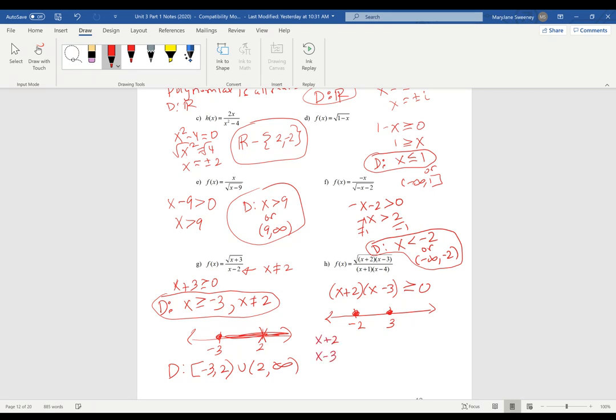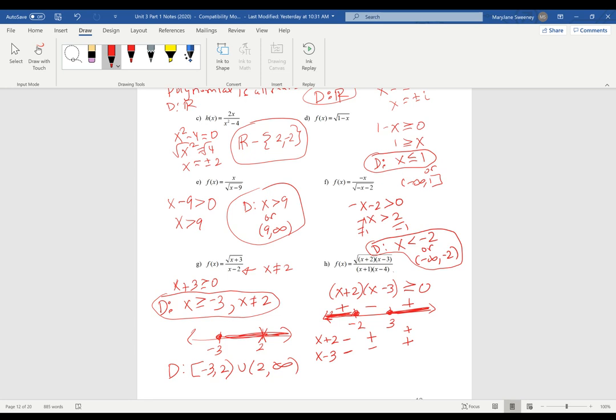So we pick something to the left of -2, like -3. That's negative, negative, which is overall positive. In between, we pick 0. That's plus, minus, which is minus. To the right of 3, I'd pick 4, which is plus, plus, plus. Greater than 0, that looks like my answer.